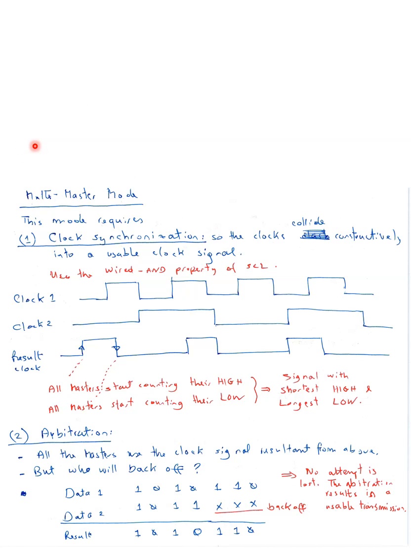All right, we're gonna continue with the I2C discussion, and here we're gonna talk about the multi-master mode. So typically, an I2C bus has only one master connected to the bus, along with multiple devices, and the master has the primary responsibility of initiating the communications.